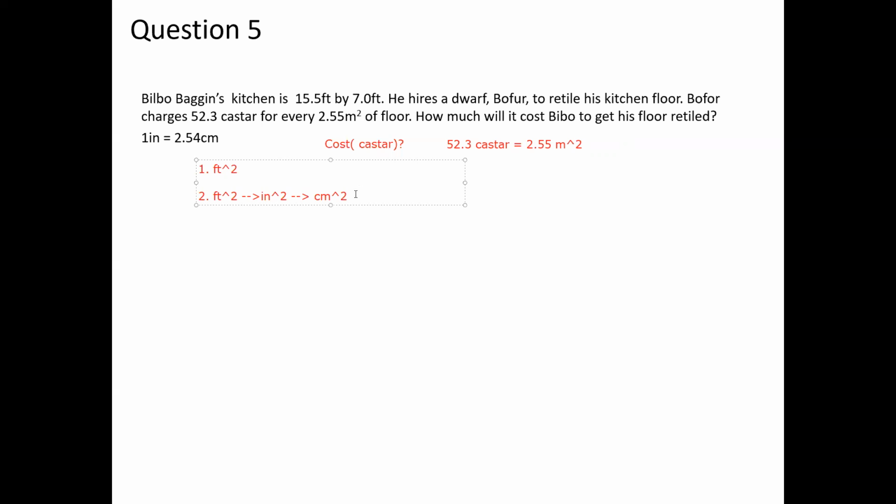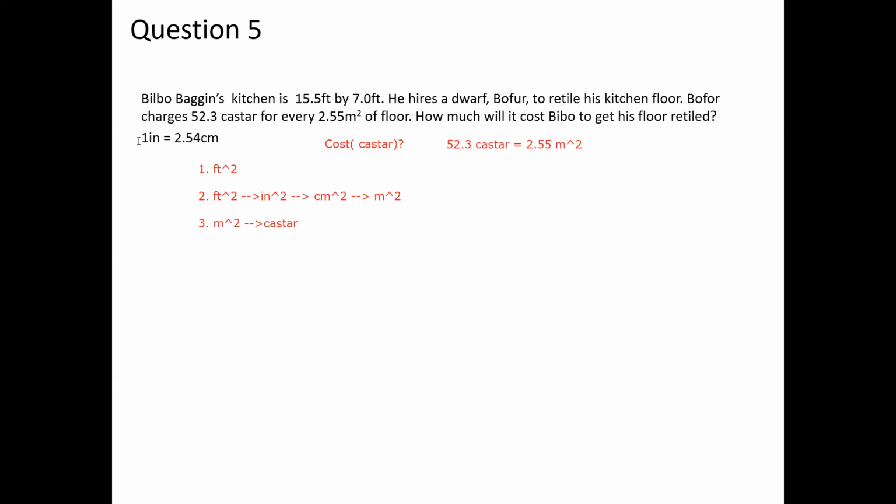And then once I'm in centimeters squared, I can convert it to meters squared. And then ultimately, once we know meters squared, we can convert it to castar. So these are the steps I'm going to do to determine how much it will cost Bilbo to retile his kitchen.